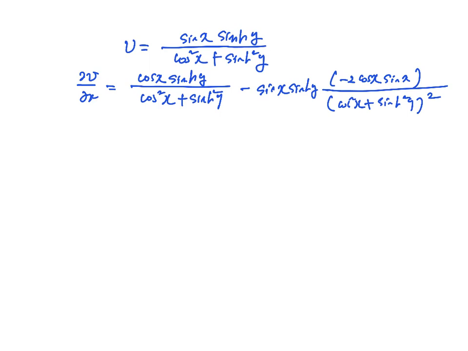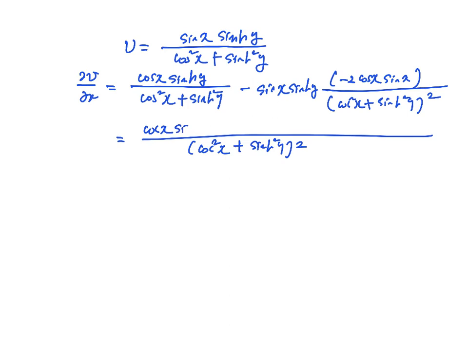So we have basically cosine square x plus sine hyperbolic square y square, cosine x sine hyperbolic y, cosine square x sine hyperbolic square y plus twice over sine square x cosine x and sine hyperbolic square sine hyperbolic y, not square.